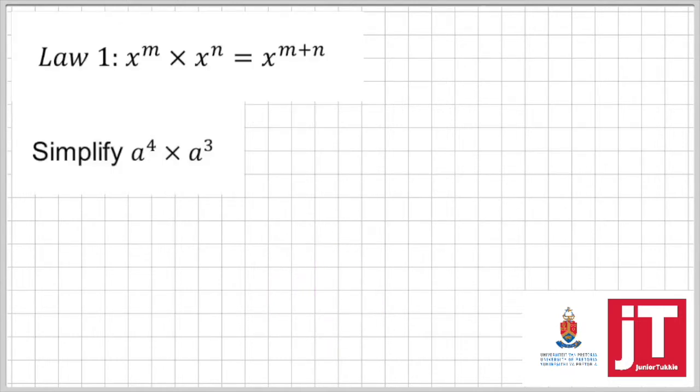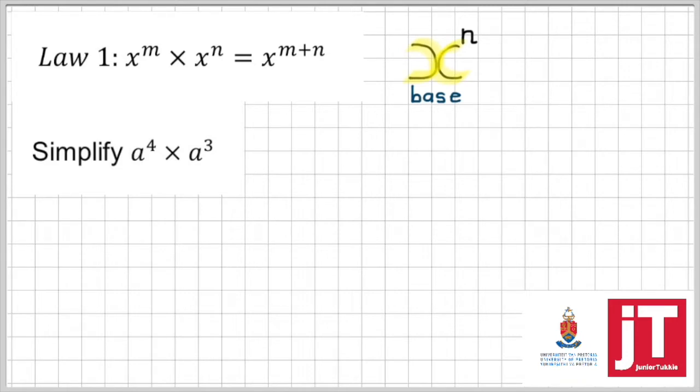Now, before I explain the first law, and before we simplify the problem that you can see displayed on your screen, I would like us to look at x to the power of n, and remind you of some of the terms that I will constantly use in this section. In this term, x is the base. A base can be a variable, or it can be a number.